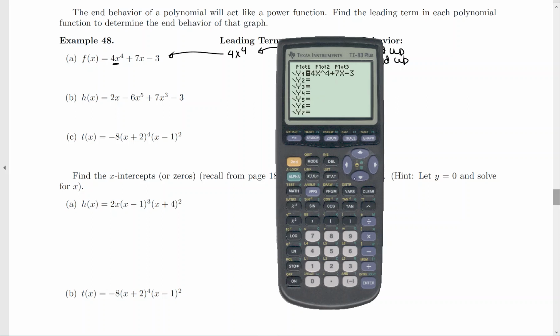So if I type in 4x to the fourth and graph it, it doesn't look like it's so much in the middle, but the ends are lining up nicely. The left end is up and the right end is up.